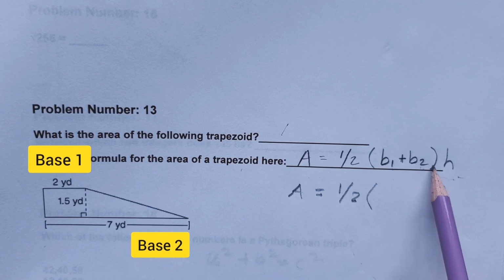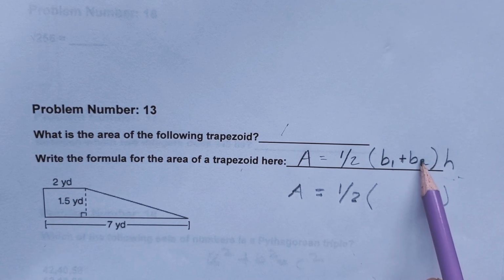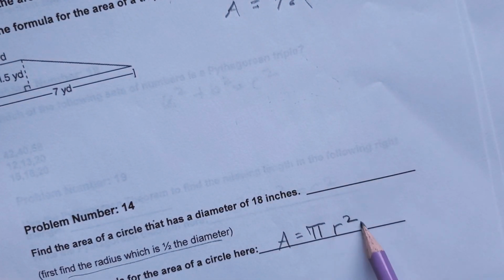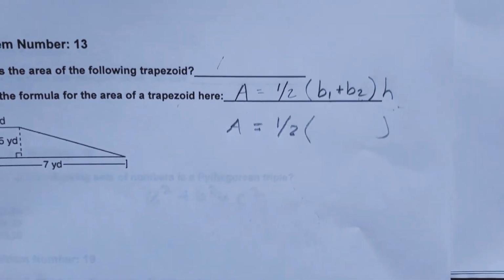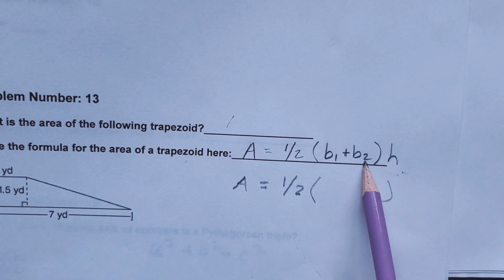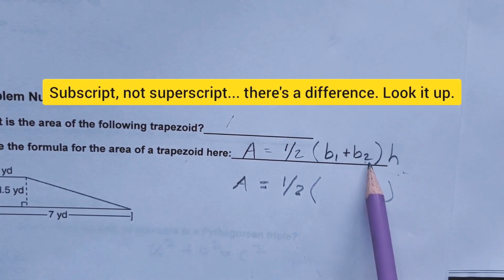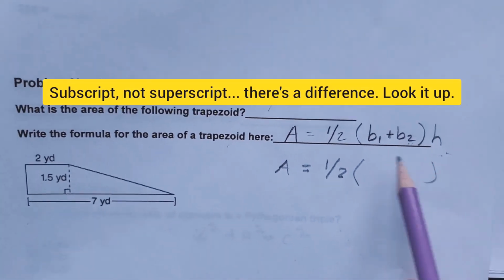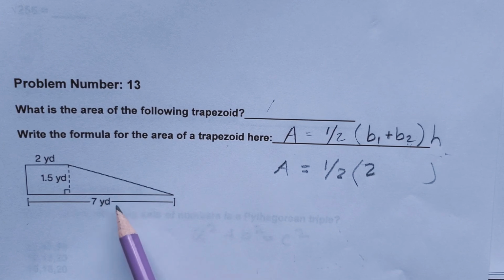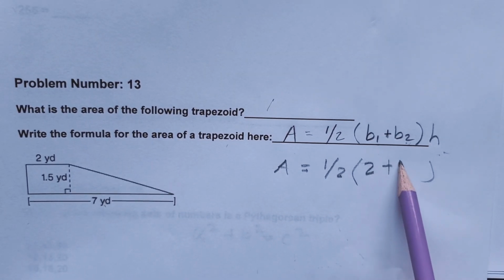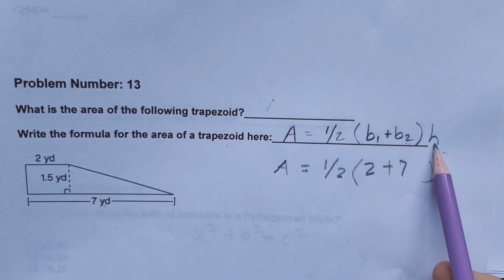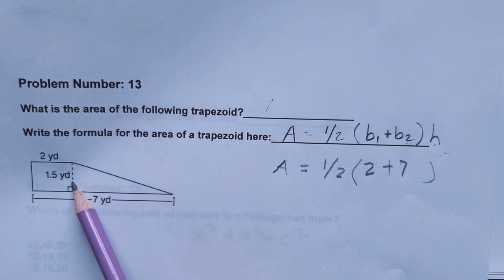This symbol here is not that exponent you're used to seeing, like in the radius squared. This is just telling you that they want you to add base 1 and base 2 together. Okay, so base 1 is 2 and base 2 is 7. All right, and then the height of the trapezoid is 1.5.